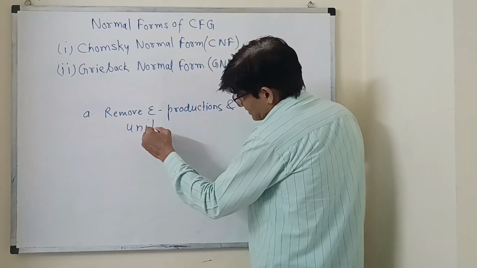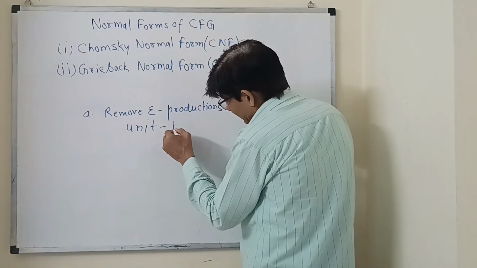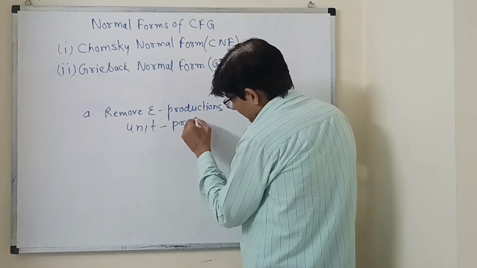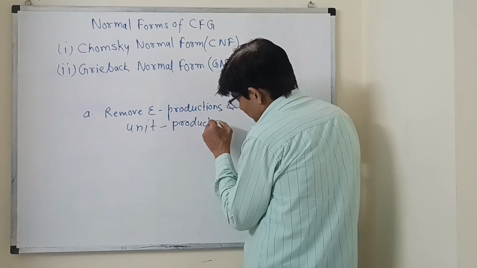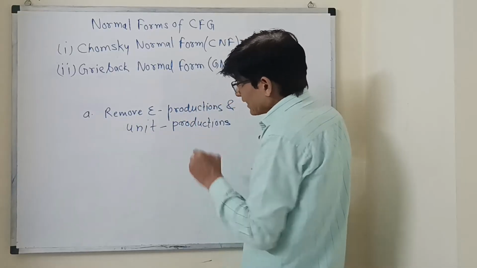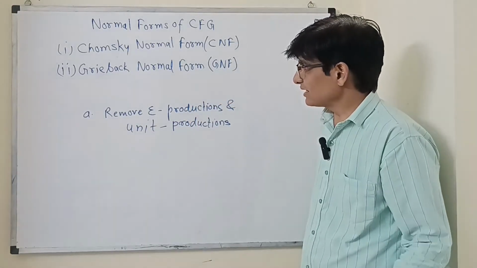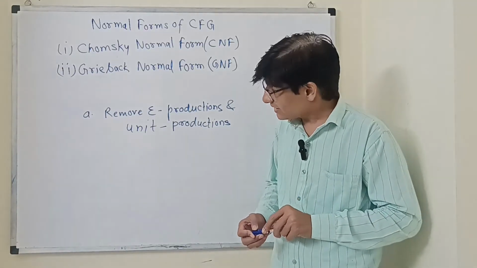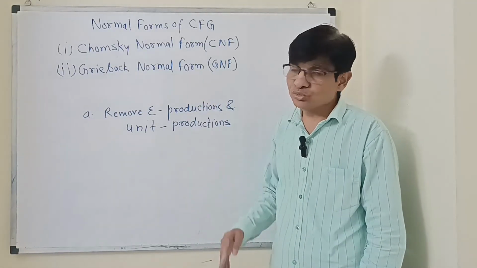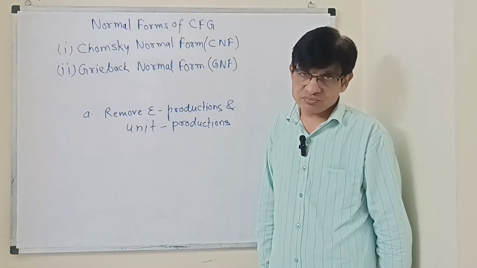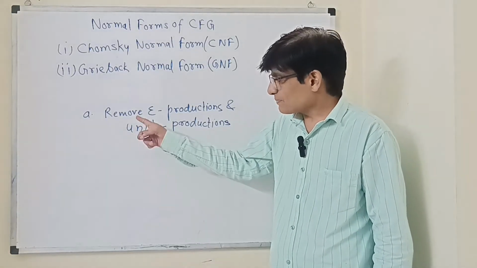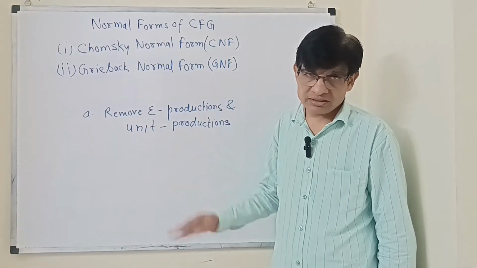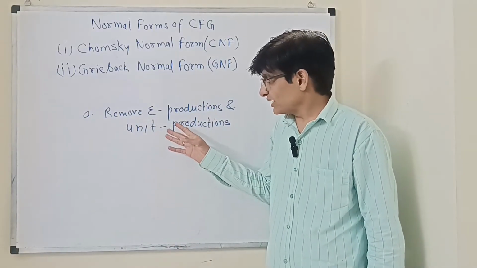Both these kinds of productions will be removed, and then we can convert the grammar into normal form. This step is common to both normal forms.